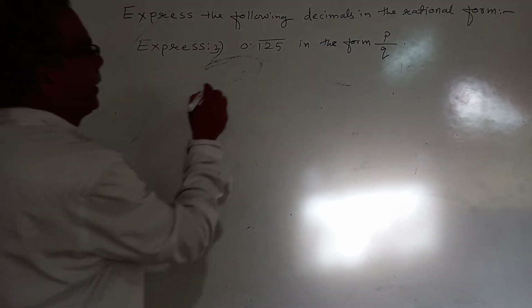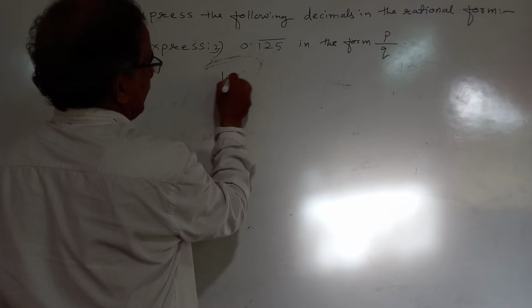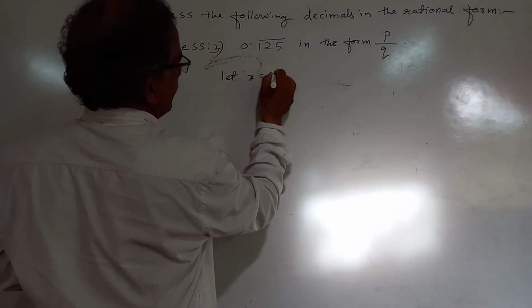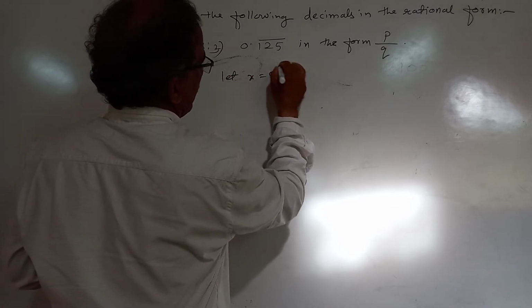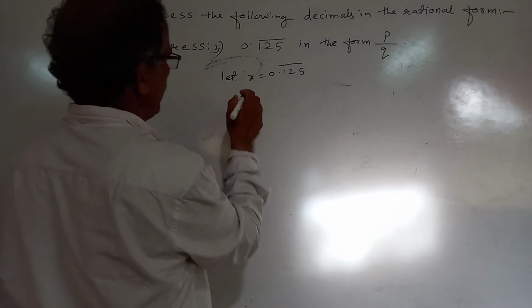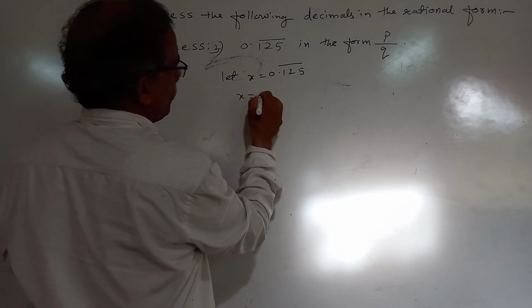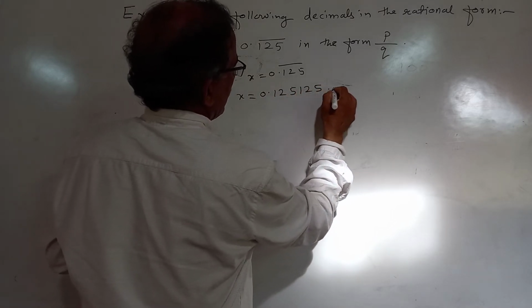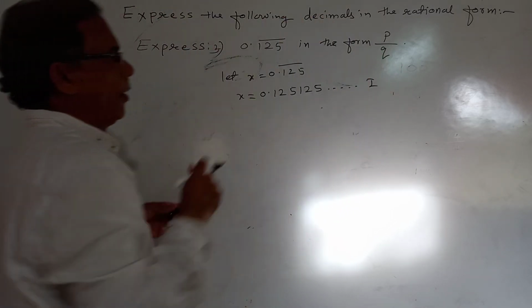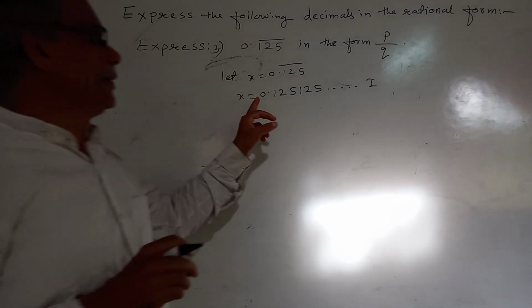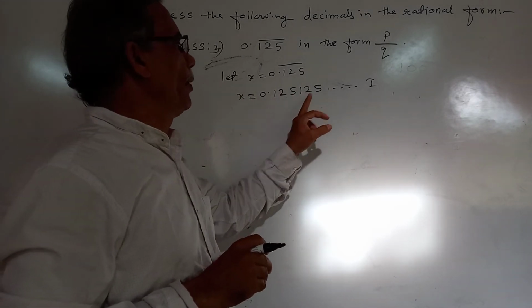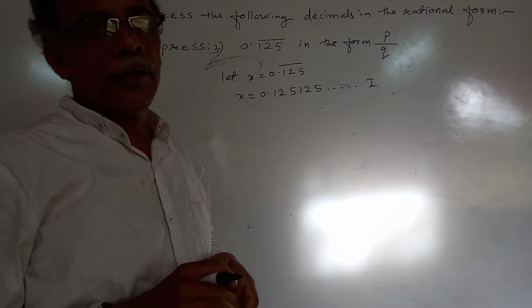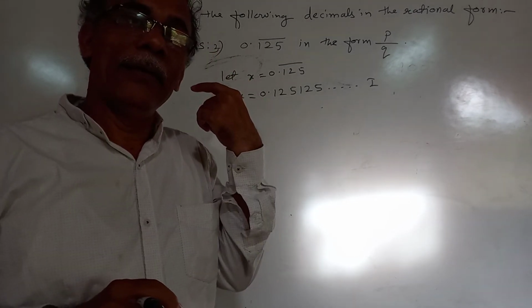So now we are given, let x is equal to 0.125 recurring. Means x is equal to 0.125, 125. So this is given to us. How many digits recur now? 125, 125, 3 digits repeat. So you have to multiply by 1000.